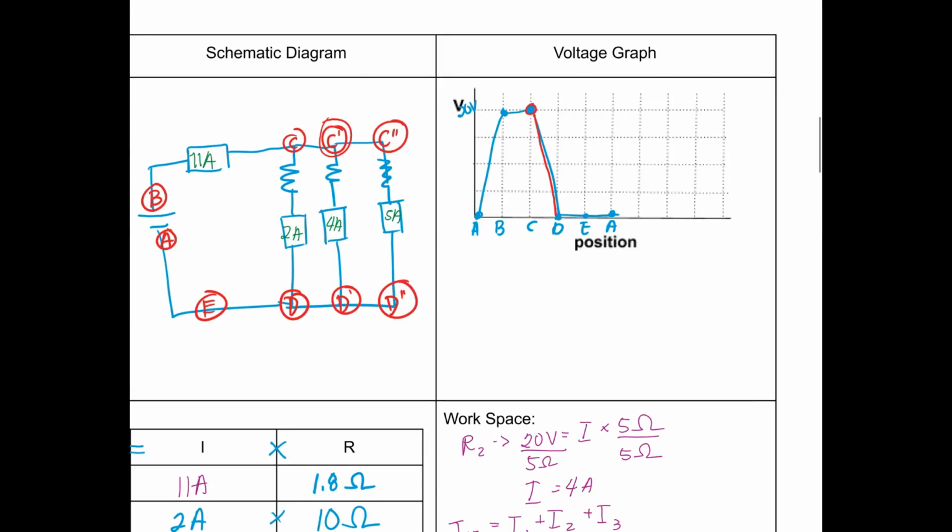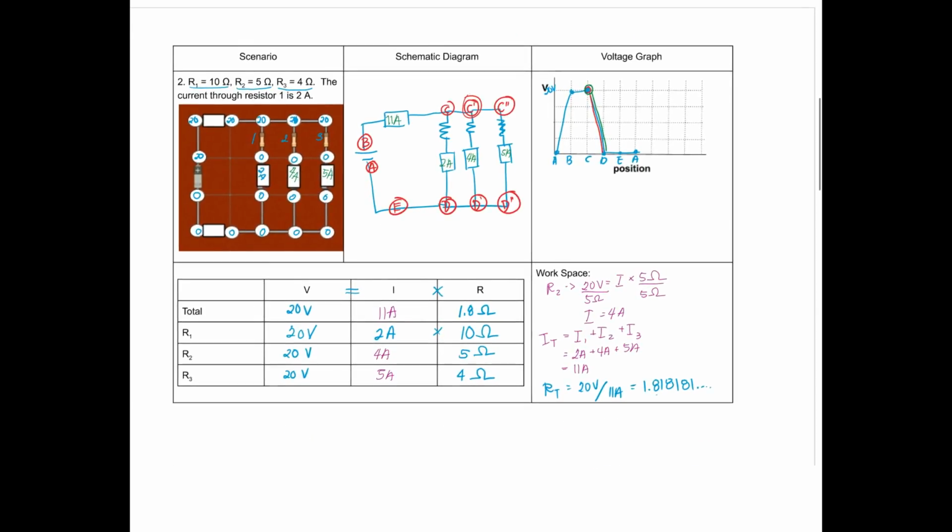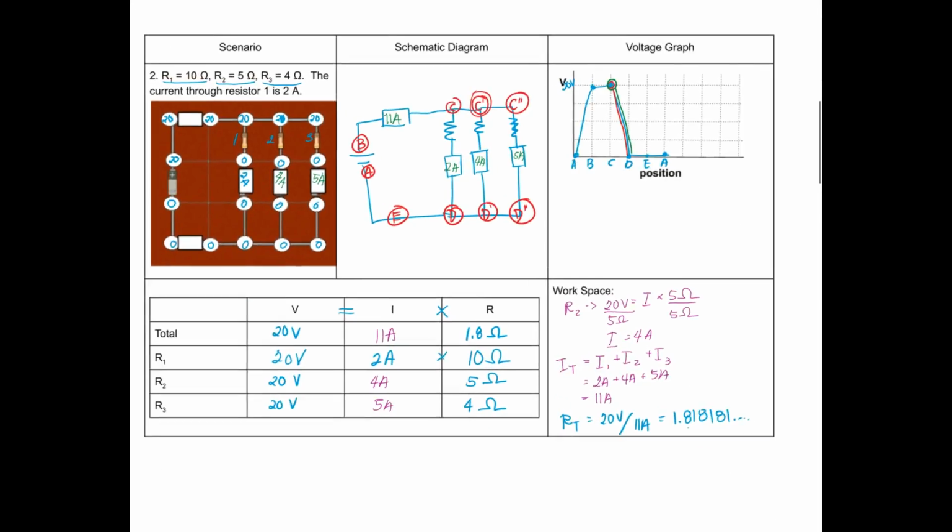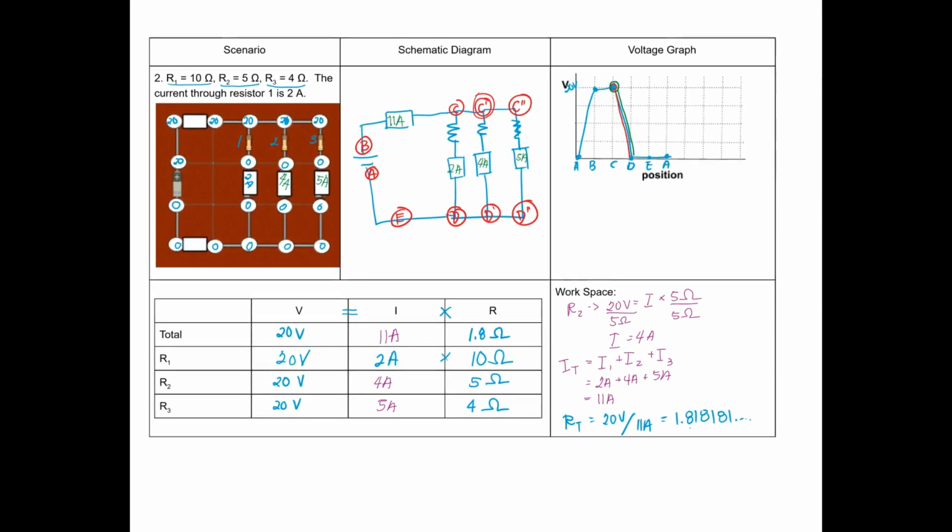It just stays at D. And then our third one is going to be C double prime, also at 20, and then it goes down to 0, and it just is there. So you can do it different colors, or you can do different lines. I prefer to use the colors because it's easier for me to see, but if you prefer to do something else, you can do that too.